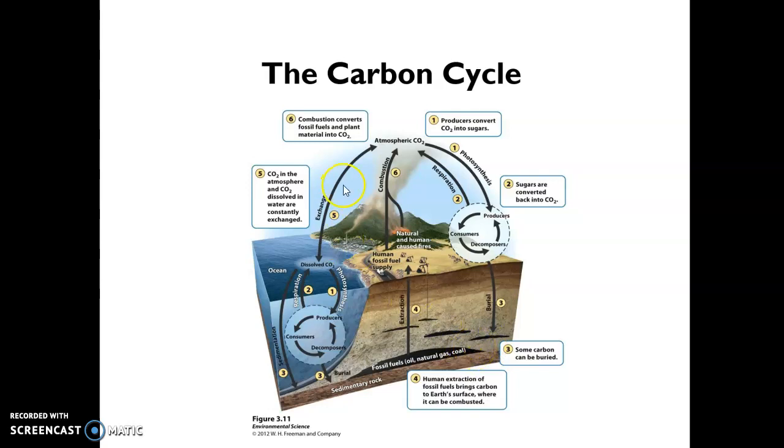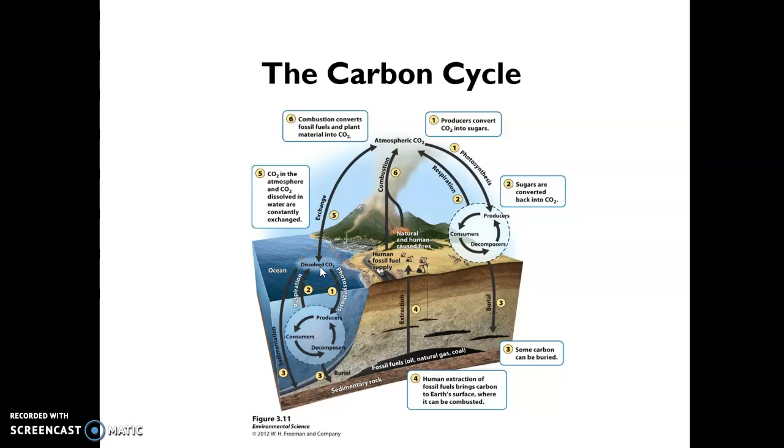The other natural process is shown here on the left, and that is that there's dissolved CO2 in water as well. We often don't think of it that way, but oxygen and CO2, which are both important to living things, are also dissolved in water such as the ocean.